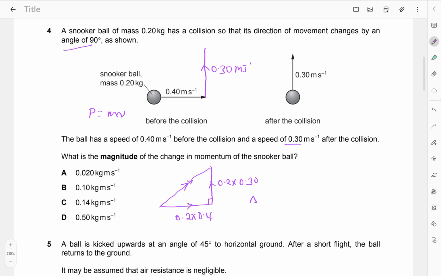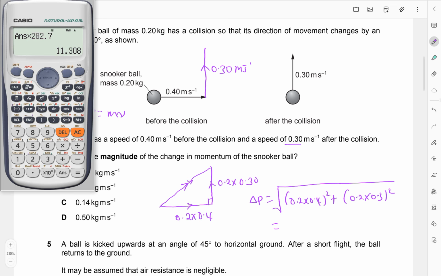So the change in momentum is going to be the square root of (0.2 times 0.4) squared plus (0.2 times 0.3) also squared. So we can check using a calculator.